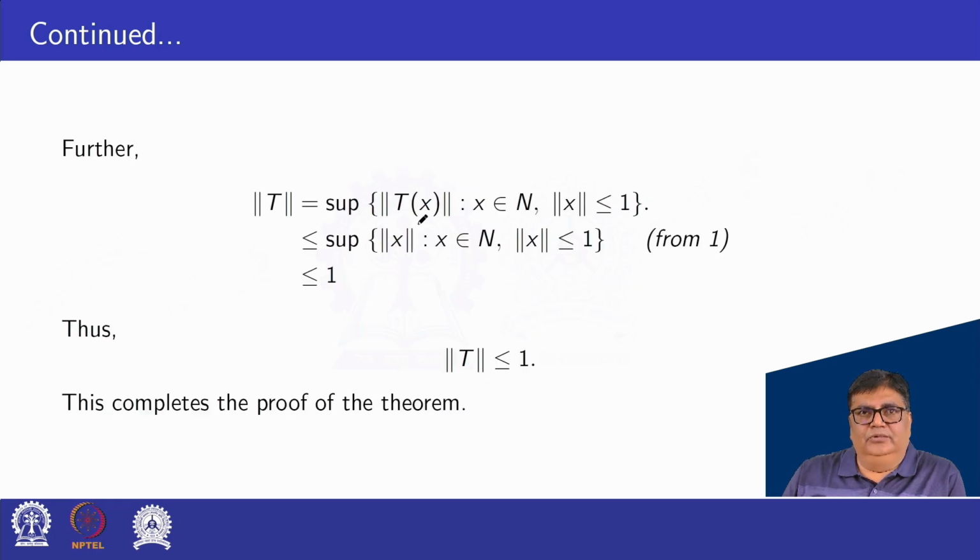So this can be written as less or equal to supremum of norm x, and norm x less or equal to 1. So this is less or equal to 1. Thus, norm T less or equal to 1. This completes the proof of the theorem.